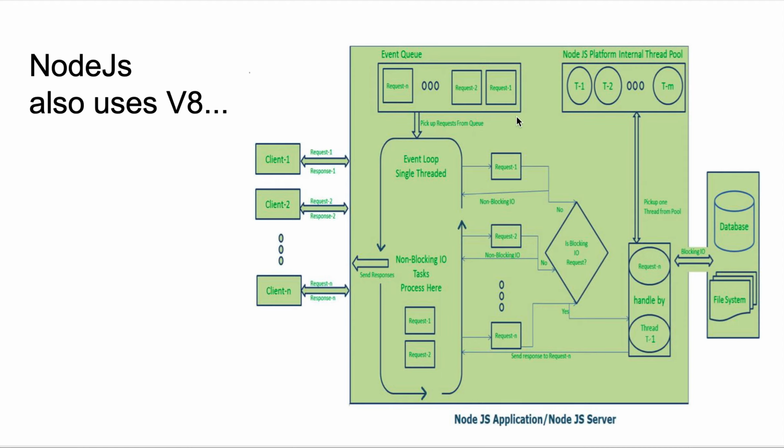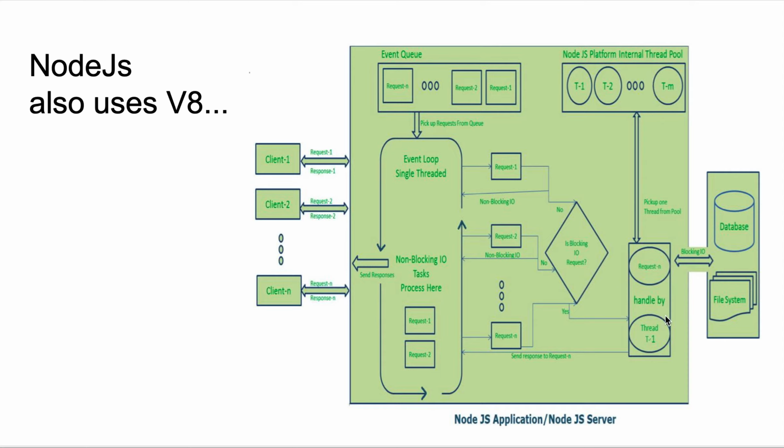Apart from that, you will have some worker threads to take some blocking operations like database or file system. When you say blocking IO operations, basically you need to wait for them to come back. Non-blocking operations stay in the stack and get executed one by one, and whatever is blocking goes out of the call stack, taken care of by the worker threads' internal thread pool.